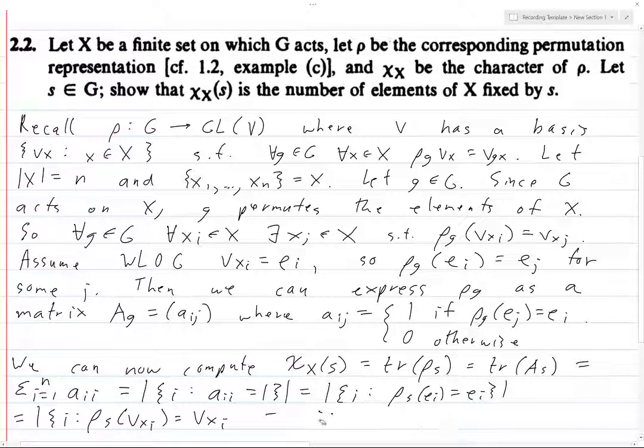Because what's really going on here is that we want the ones where v_{x_i} is equal to rho_s of v_{x_i}. But we know what the formula for this is. This is precisely v_{s x_i}.